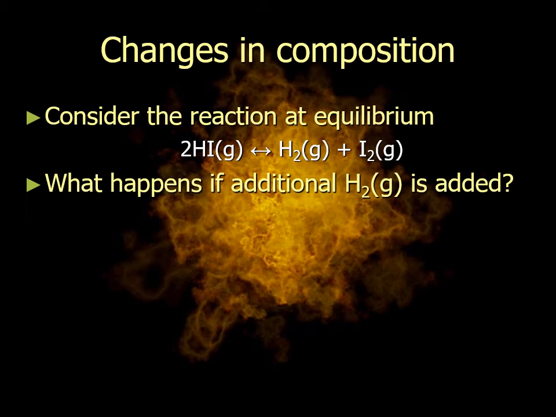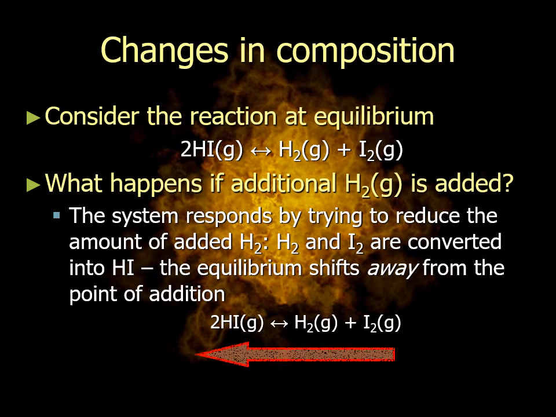So let's have a look at an example. So here's that equilibrium. We looked at it earlier. HI on the reactant side, H2 and I2 are the products. So let's examine what happens if additional H2 is added. If you add H2, momentarily you've got too much product for what the equilibrium wants to be.